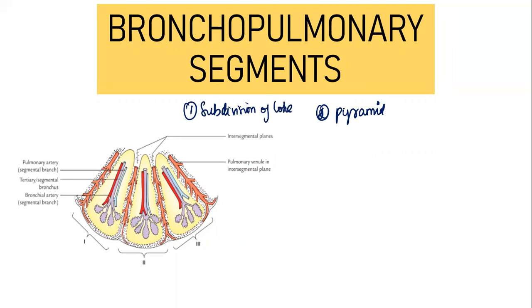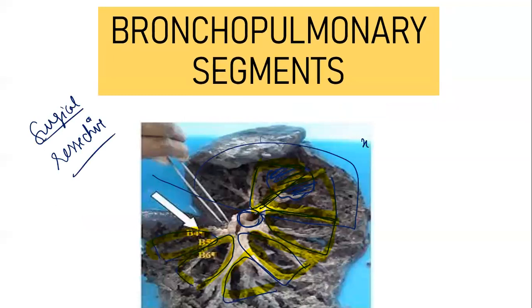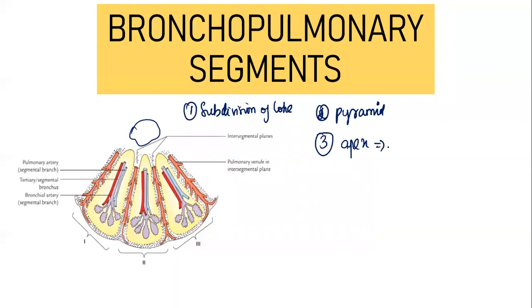Then it is pyramidal in shape, so it will have an apex and a base. The apex is directed towards the hilum. If you can appreciate this picture here, this is the hilum and the apex is directed towards the hilum, and the base is towards the lung tissue or the pulmonary tissue.